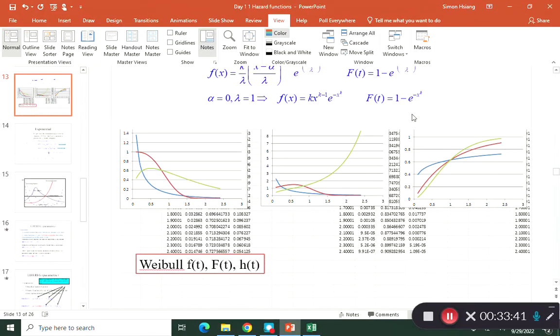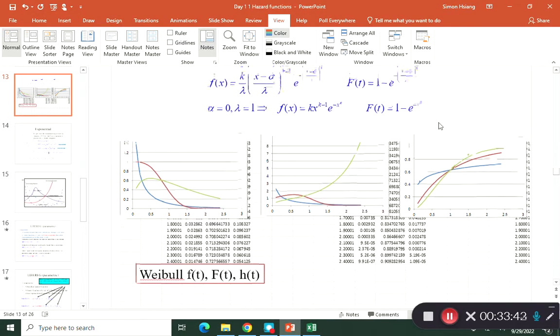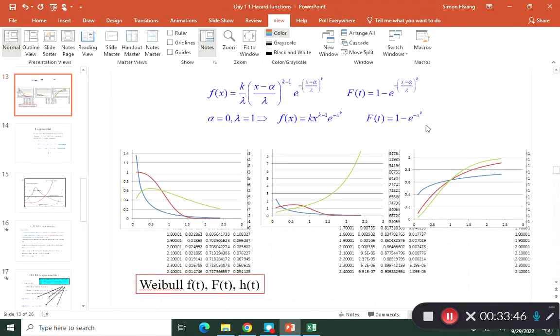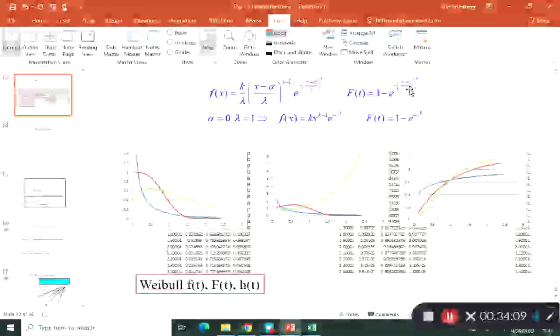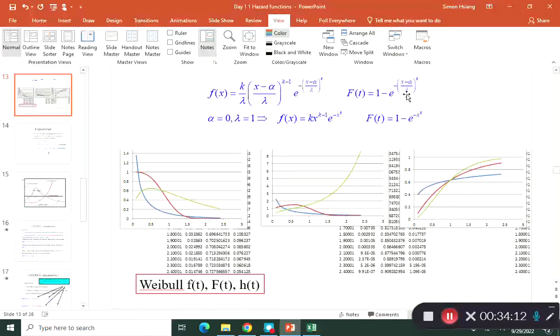Agree? But in order to make this look like an exponential distribution, how are you going to deal with alpha and lambda here? Look here, k equal to 1, technically speaking, to make this look like this, alpha needs to be equal to 0, lambda needs to be equal to 1 in order to make this guy look like this guy. Agree?